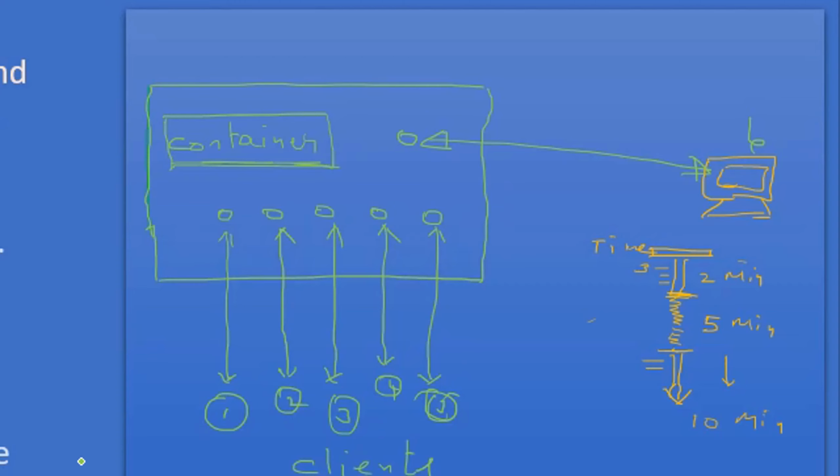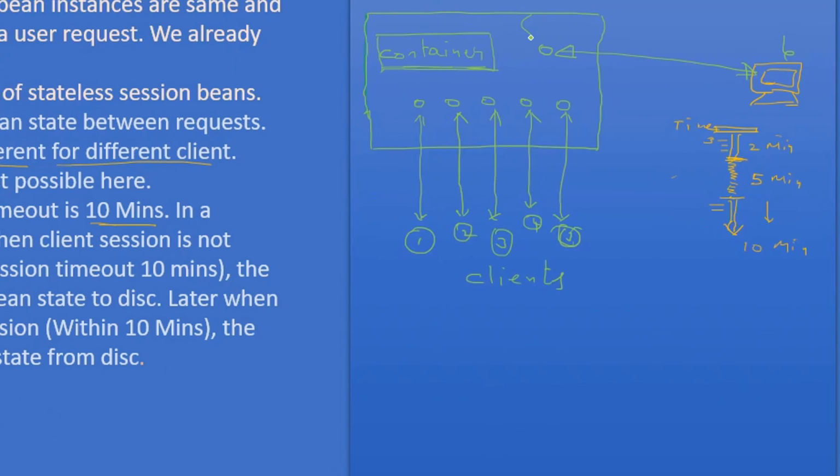You may know that when there are multiple clients, the memory will get occupied, so there will be multiple objects. We already talked about the pool, right? Pool will not be possible. Why? Because different beans will have different state. This user may have different preferences and different shopping cart details, and this one has different shopping cart information.